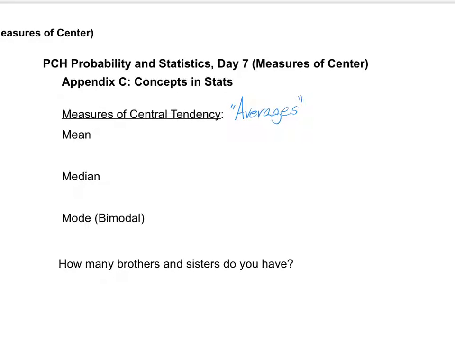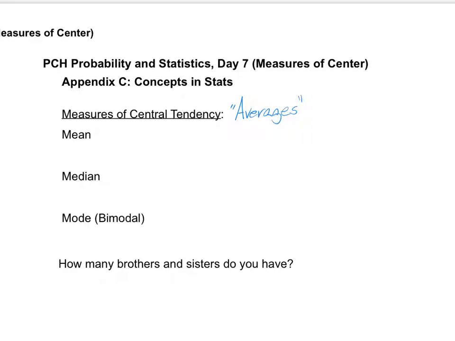In a statistical sense, average really just means a measure of center or a measure of central tendency. Now, when you hear the word average, which of these do you typically think of? Mean. The mean, okay? That's kind of the common language for it, and we all get what we're saying.